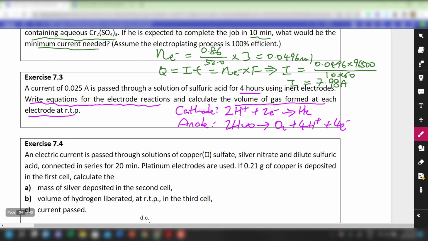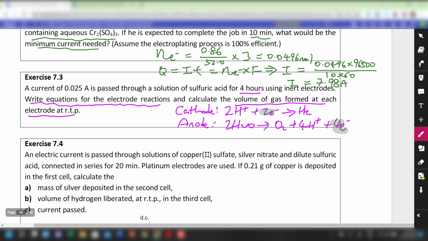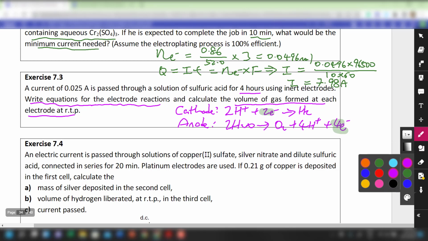Remember that the electrons taken in and produced are a little bit different, so eventually their ratio needs to be similar. We'll find a way to work that out very soon.